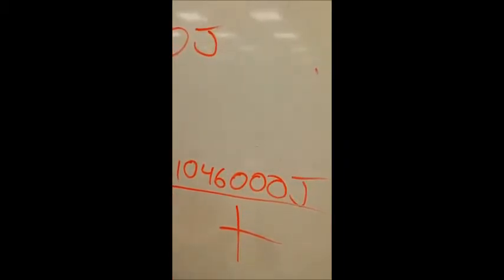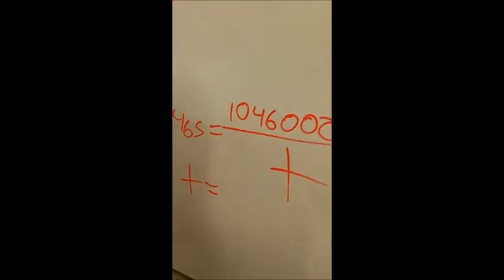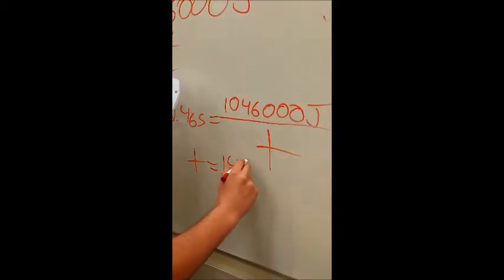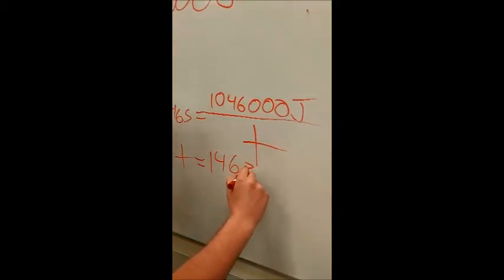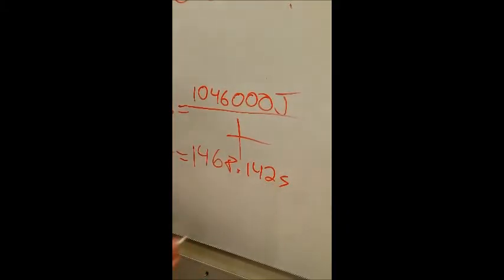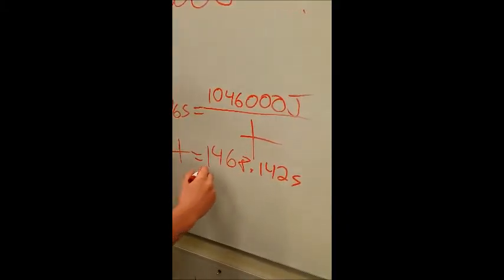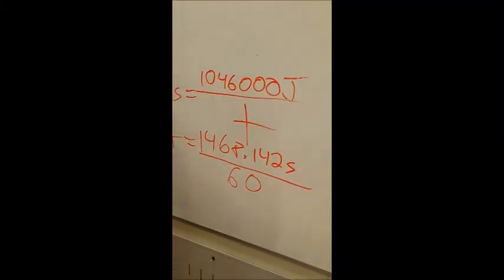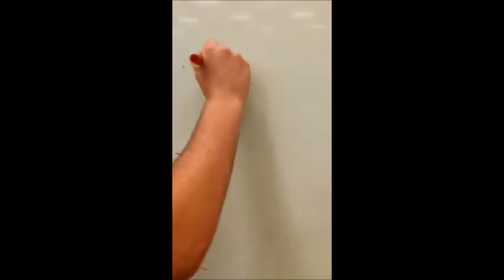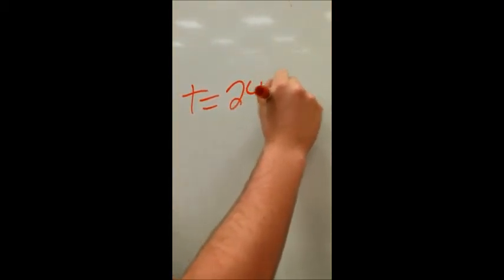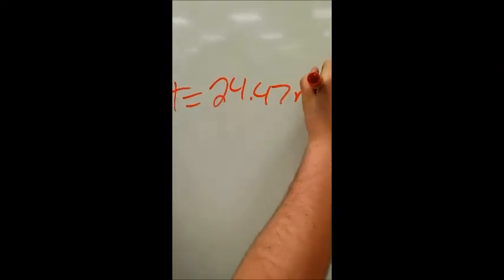And the time that you get is 1,460,142 seconds. And if you wanted to get into minutes, we would then divide this answer by 60. And the answer in minutes is 24.47 minutes.